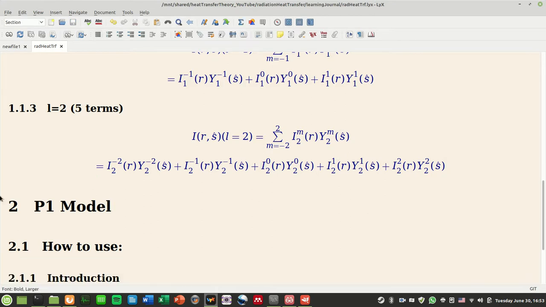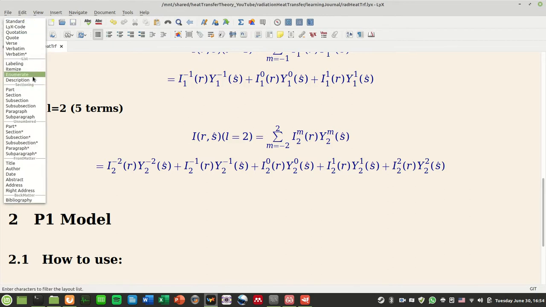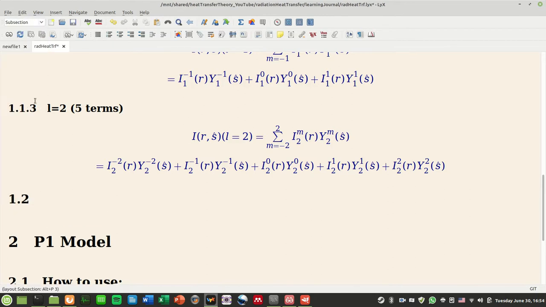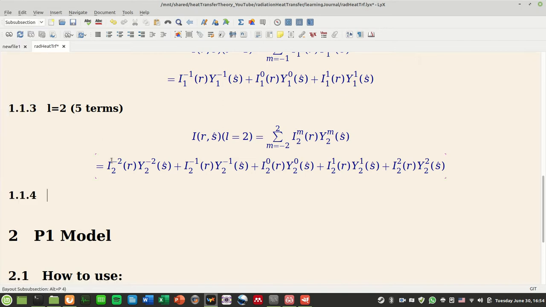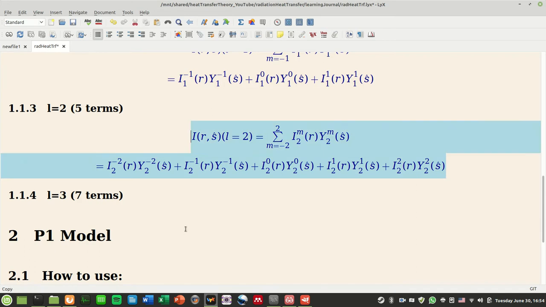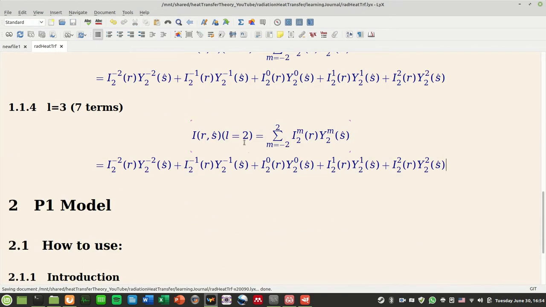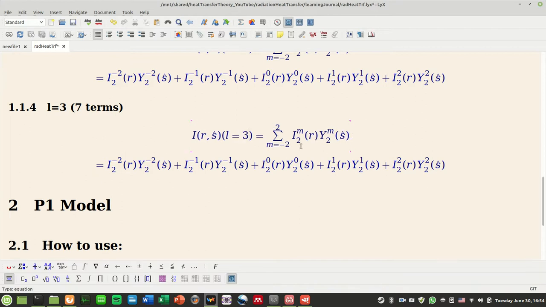So this is 5 terms. If we keep going, now this one's the L equals 3 term. Subsection L equals 3. We can already guess that there is a pattern that comes out. Now this is actually 7 terms, so I'm going to copy again. Okay, let's do L equals 3.